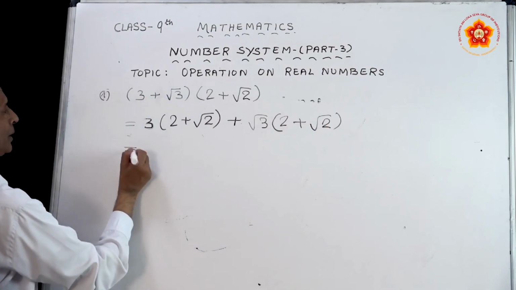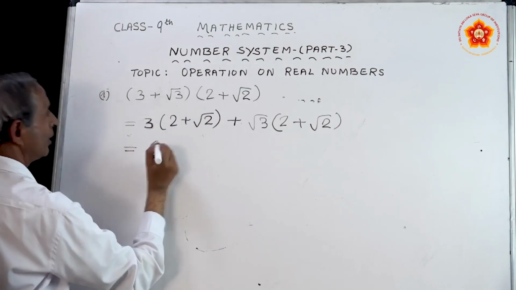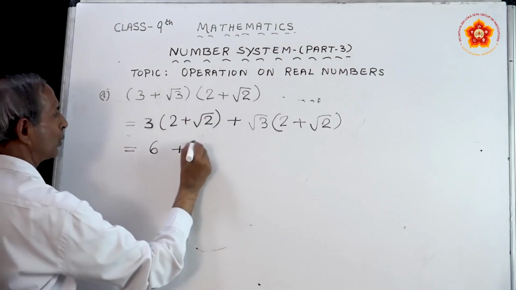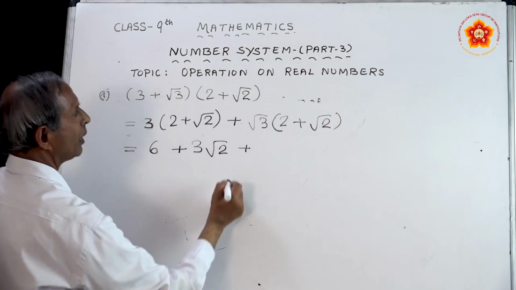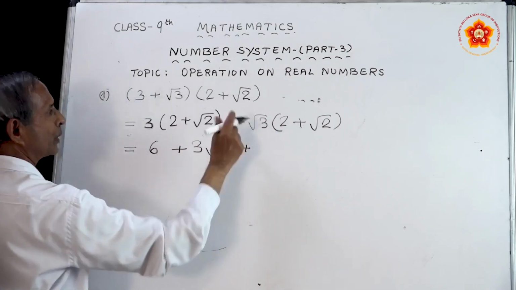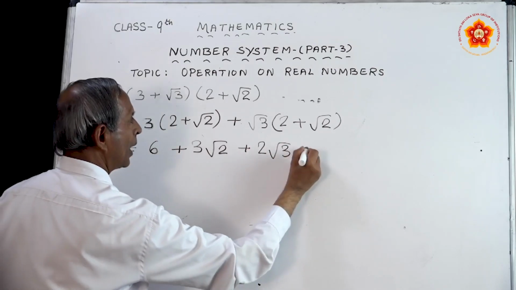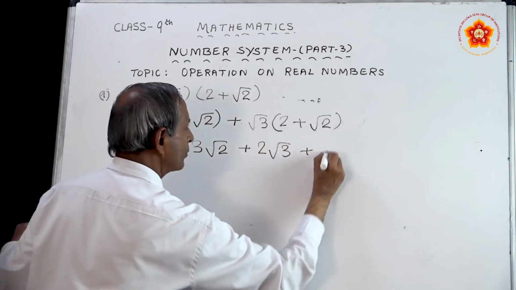Now let us multiply this. 3 multiplied by 2, you will get 6, plus 3 into root 2 becomes 3 root 2, plus 2 multiplied by root 3 gives 2 root 3, plus root 3 multiplied by root 2 becomes square root of 6.